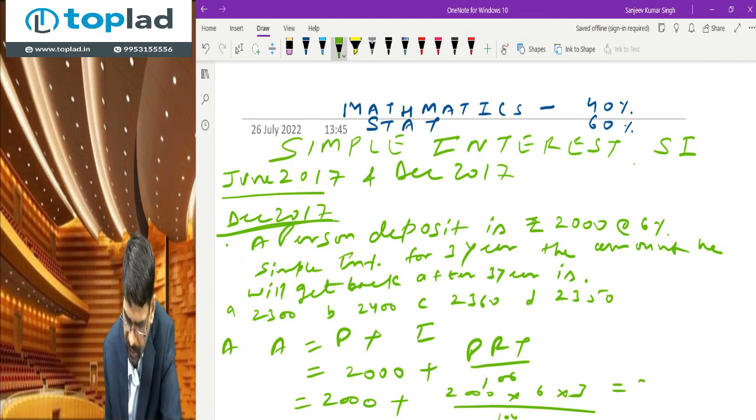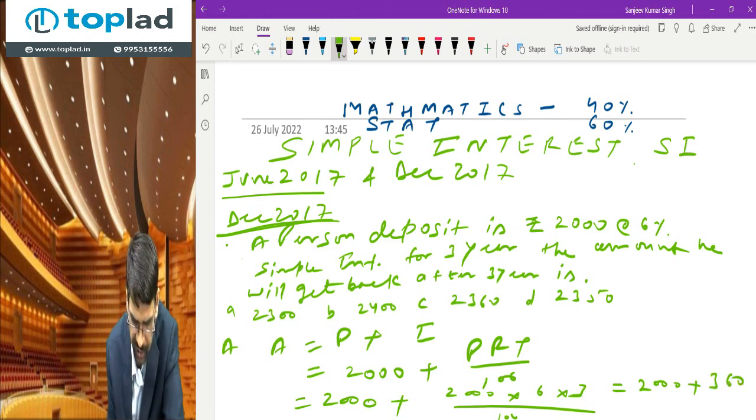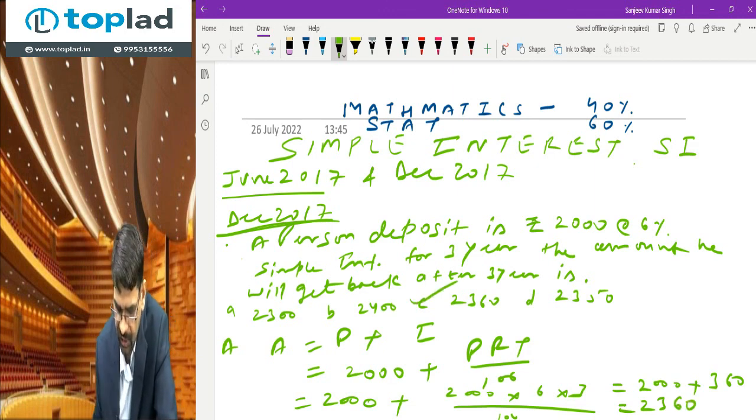So we will get 2000 plus this one is 360. The answer is 2360. It means C is the correct answer.